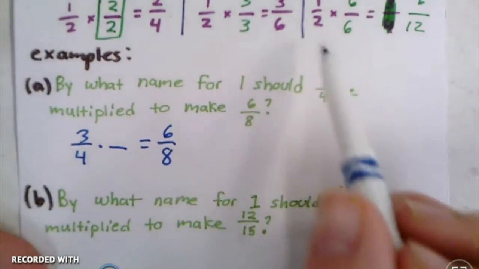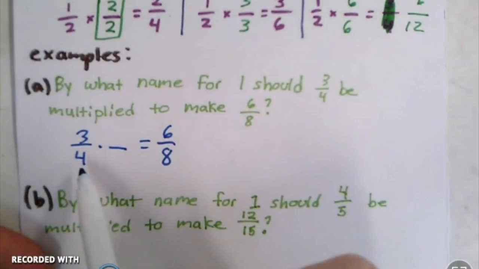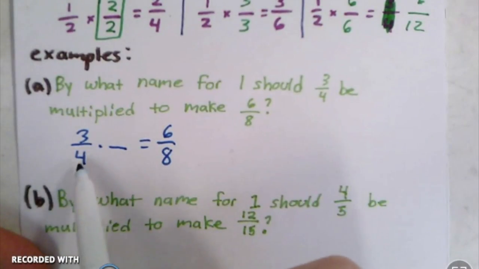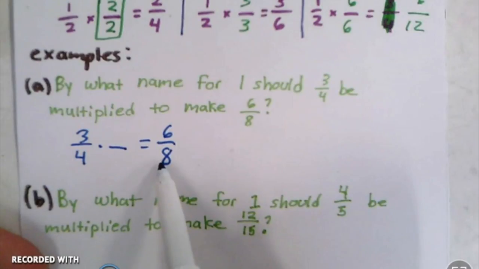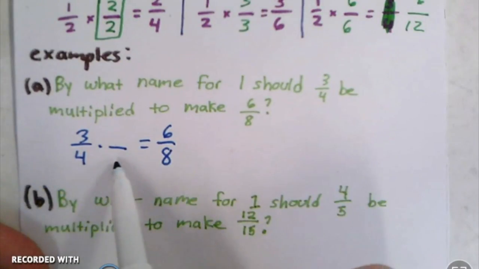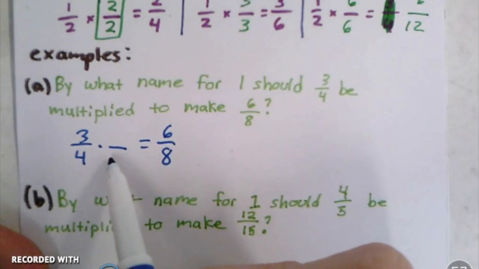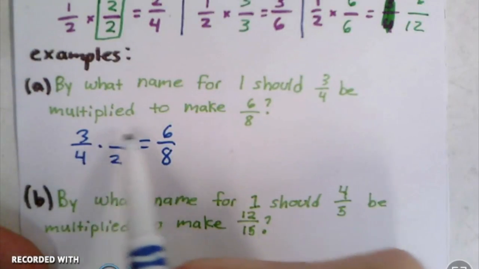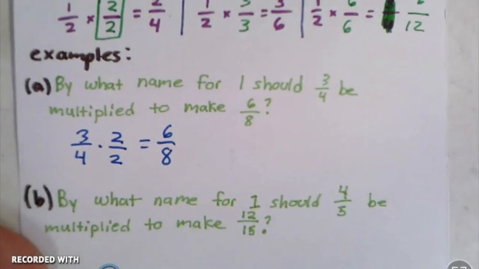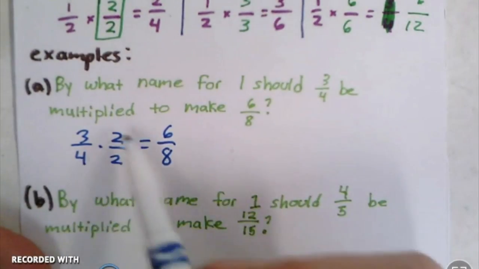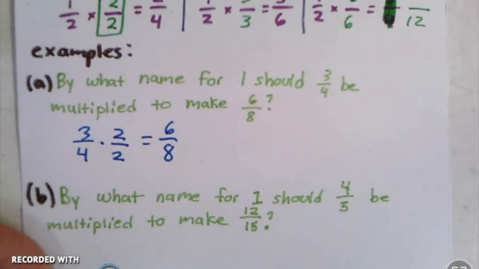We have to do exactly what we did up there. We have to look for what I am multiplying each term by to get the one across from it. So 4 times what is 8? 3 times what is 6? So 2/2 would be what I needed to multiply it by.